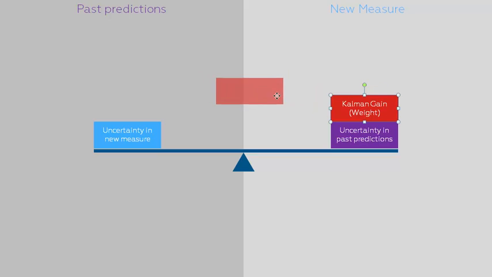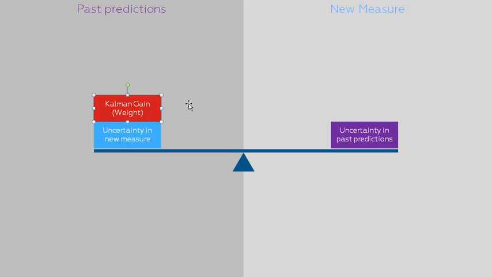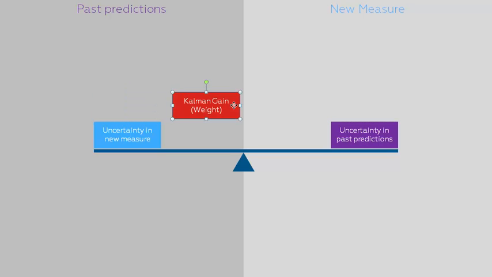If the new measurement wasn't really good and we have more certainty in our past prediction, and the new measurement seems to be noisy, the Kalman Gain puts more weight on this side, so that we rely more on our past prediction and less on what we got as a new value. Fundamentally, it is trying to balance between what it already knows and what it is gaining from the new measurement.